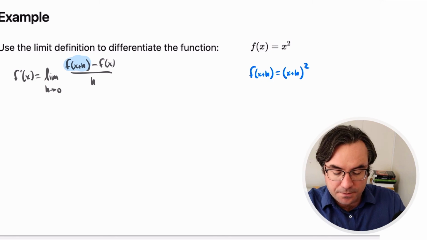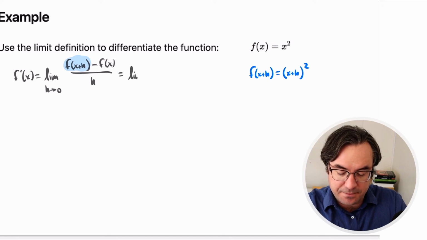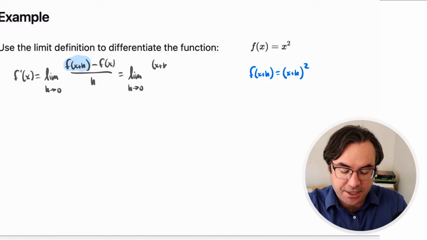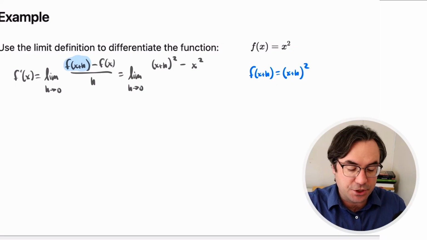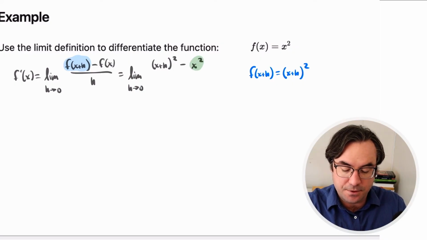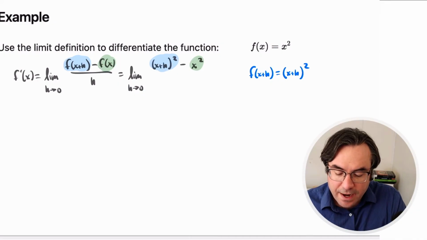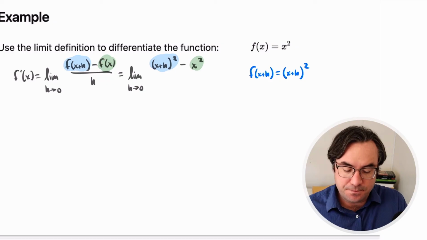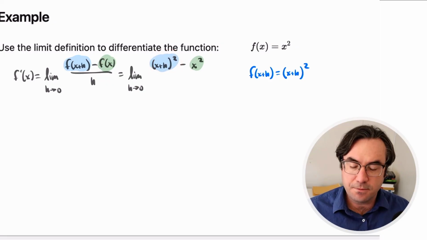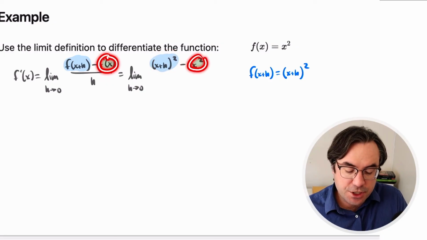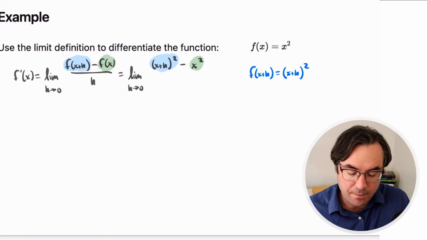All right, so let's fill that in. So we're going to have our x plus h squared, and then we write down the original function, which is just x squared. So we have our f of x plus h right here, and then we have our original function next door with a minus sign in.